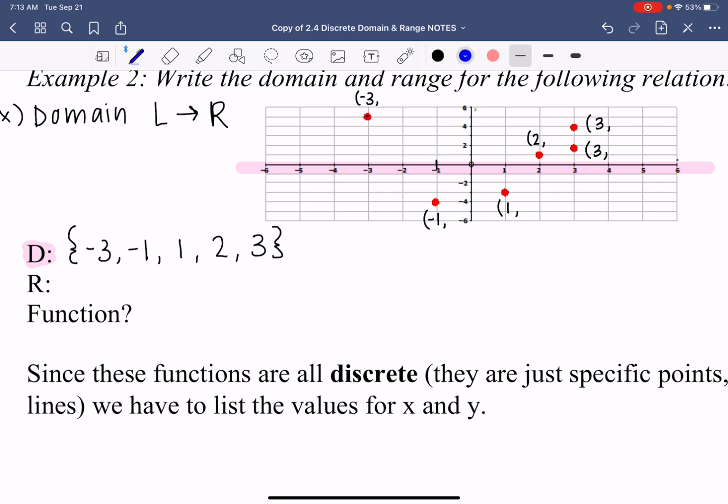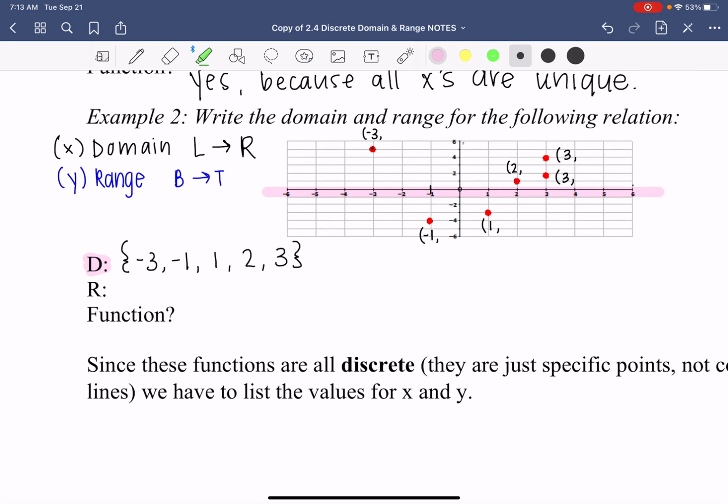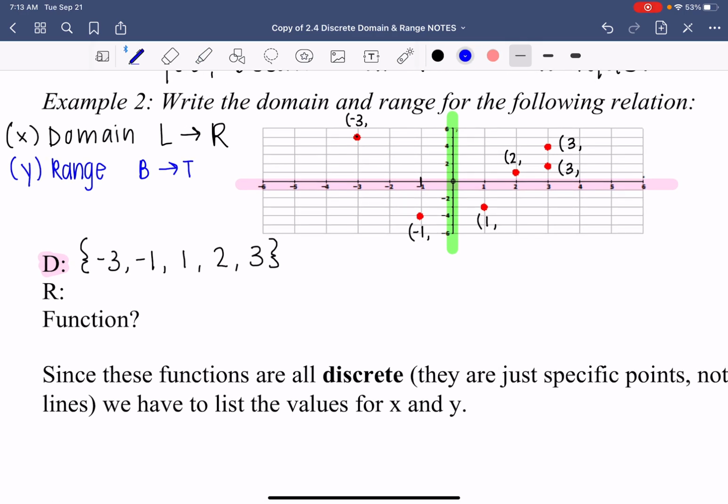Okay, so remember our range is from bottom to top, and it's based off of where it's at on the y-axis. Our y-axis goes up and down. So the furthest bottom is this point right here, and that's at -4. So our first number is going to be -4.